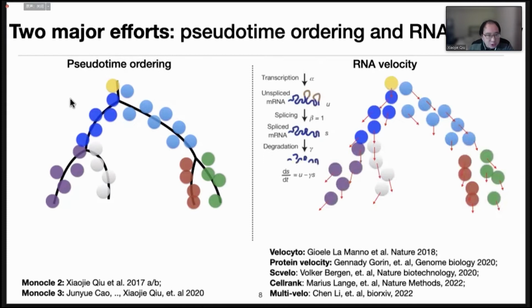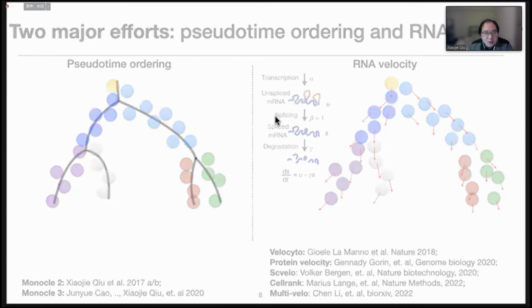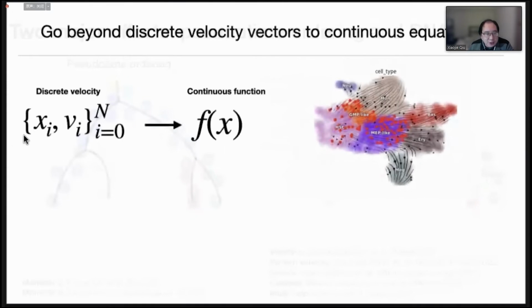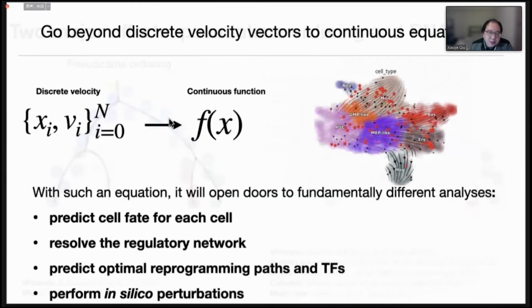Nevertheless, both pseudotime and RNA velocity methods are limited. Almost four years ago, when I was thinking about this problem, I wondered, can we go beyond the discrete RNA velocity vectors to derive a continuous equation of cell-fate conversion? Importantly, it's obvious to me that once we have such an equation, it will open doors to many fundamentally different analyses.